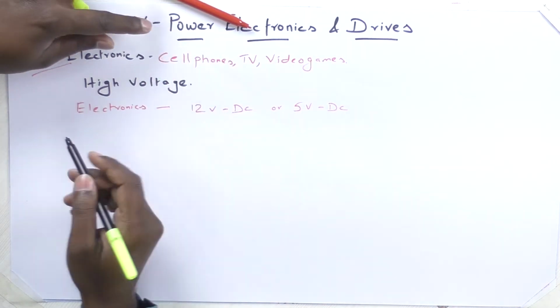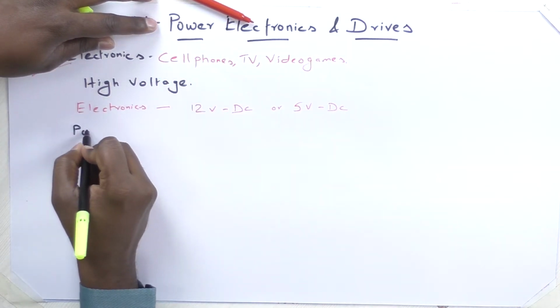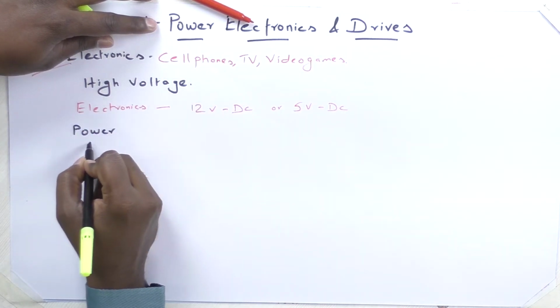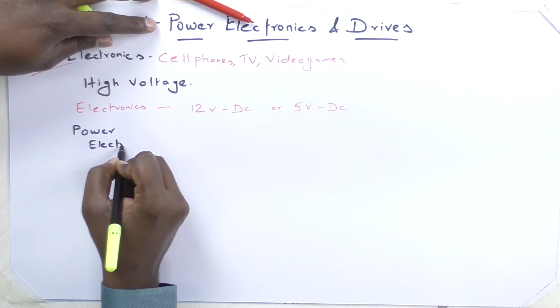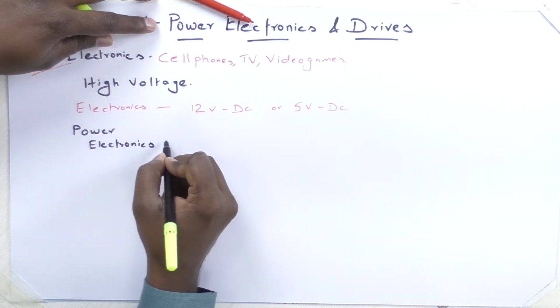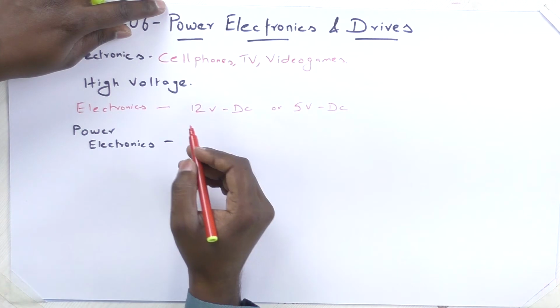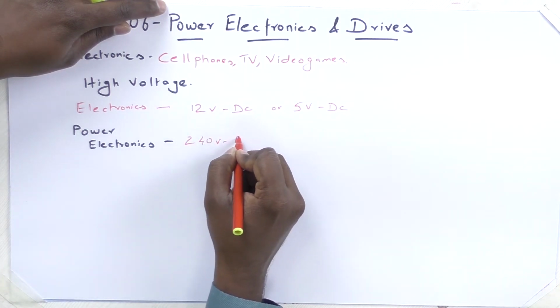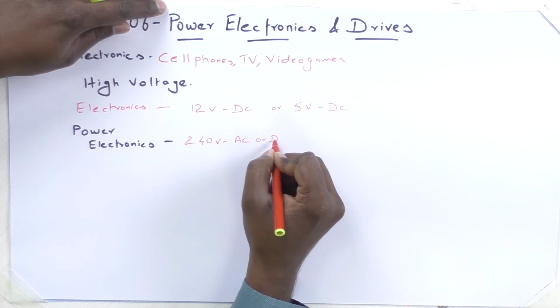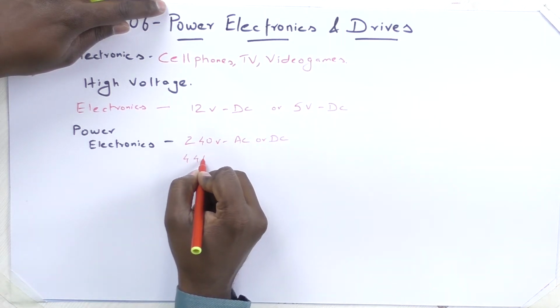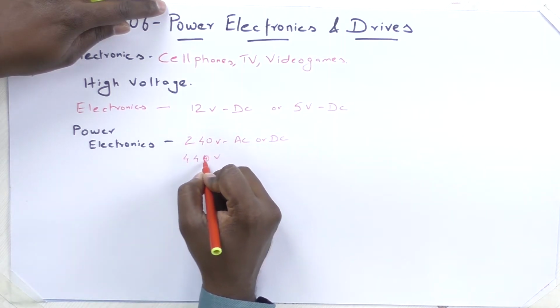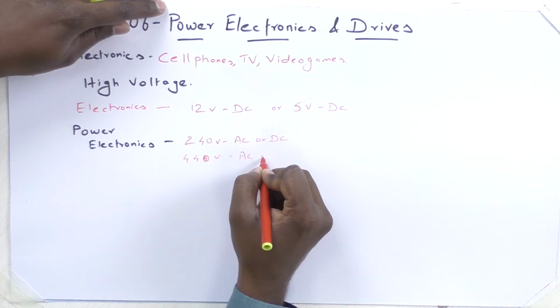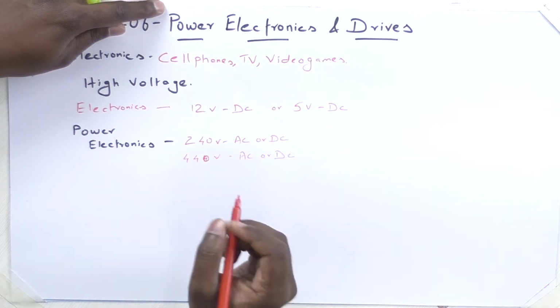Whereas power electronics would deal with mostly voltages of 240 volts AC or DC, 440 volts AC or DC. So power electronics usually talks about high voltage devices.